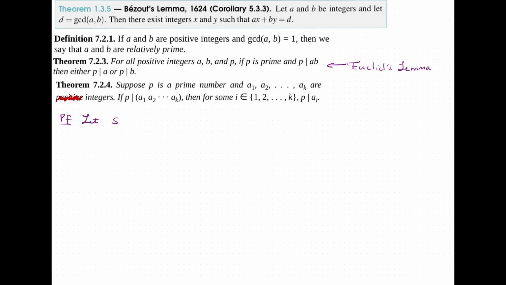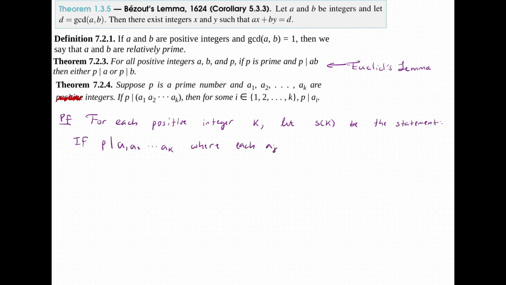So for each positive integer k, let S of k be the statement: if p divides a1, a2, dot dot dot to ak, where each a sub j is an integer, then p divides a sub j for some index j in the set 1 through k.